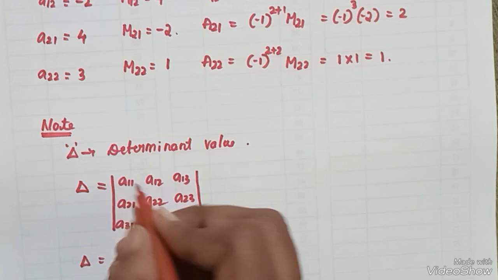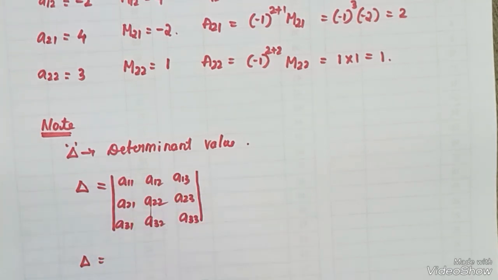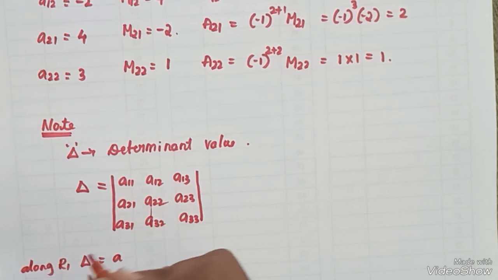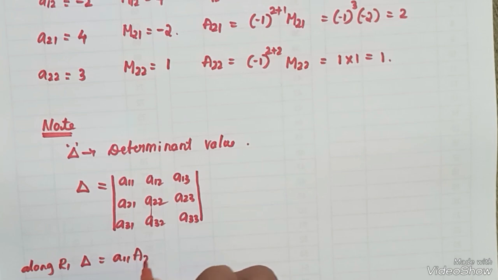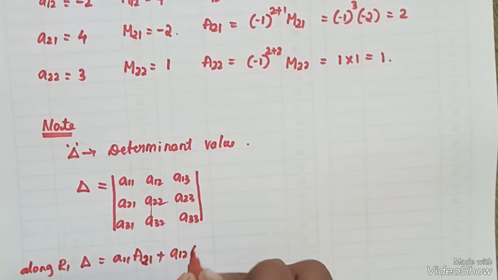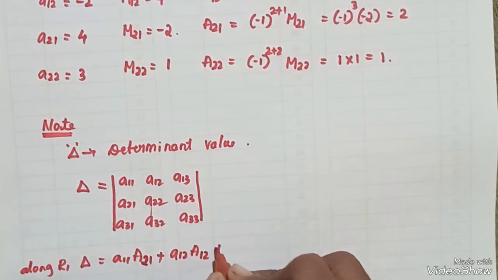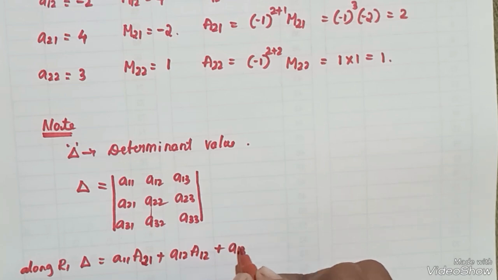The value becomes the sum of the elements along the first row, that is R1: A11 with the cofactor of A11, plus A12 with its corresponding cofactor, plus the element A13 with the cofactor of A13.